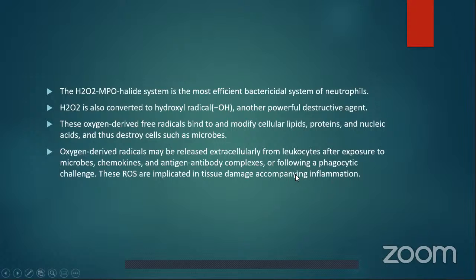So what happens is, apart from being released into the phagolysosome, some amount of these free radicals also get released into the extracellular environment like a collateral damage. And that will result in some amount of normal tissue being damaged in inflammation when the body is trying to get rid of the offending agent.